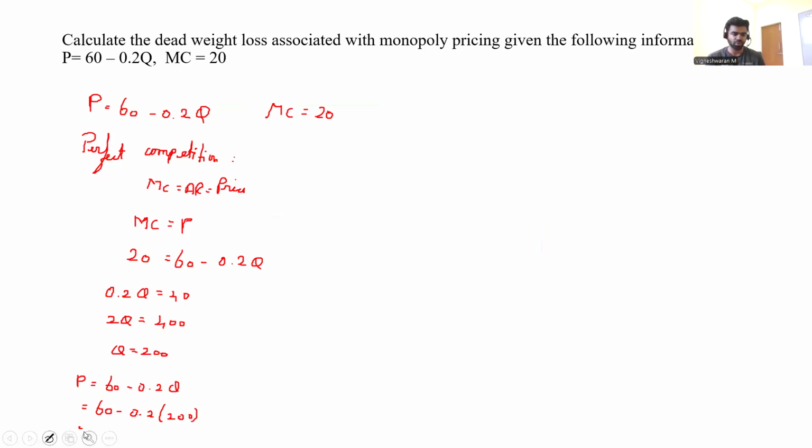So the price will be 60 minus 40, that is 20. So the price is 20 and the quantity is 200. Now, for the same equation, we will find the price and the quantity in monopoly.